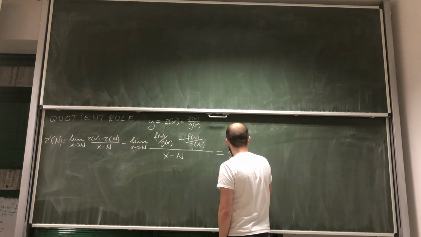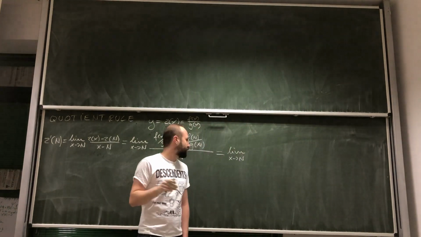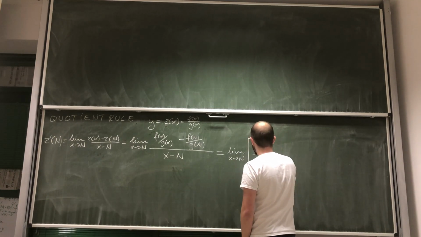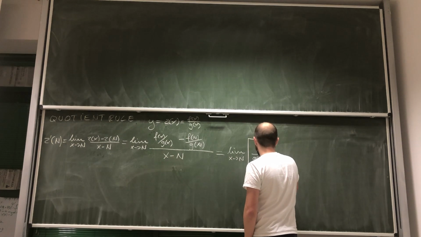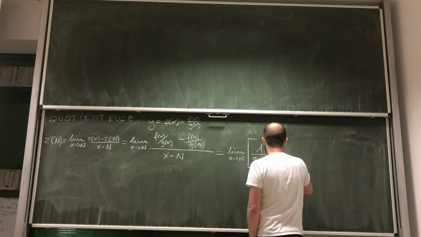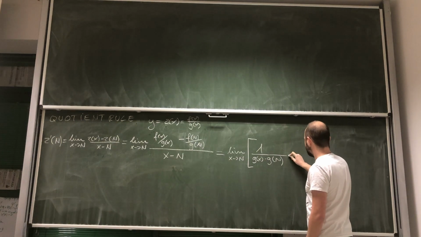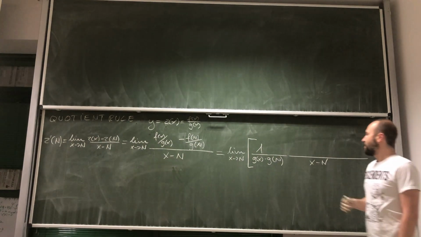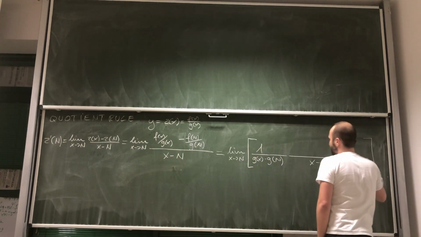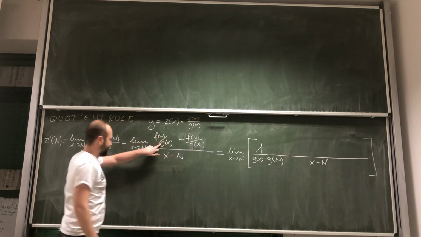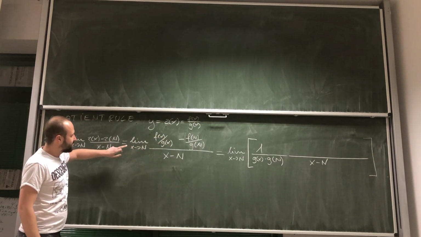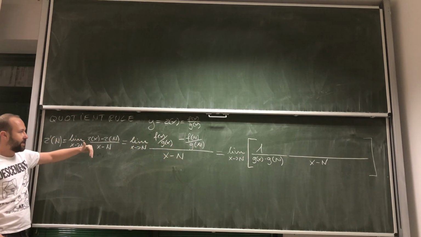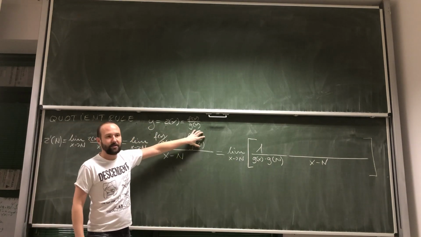And look, I'm going to do the following thing. I'm going to take out of this expression 1 over g of x multiplied by g of n. Because now I have taken g of x times g of n out of both expressions, I need to make a proper adjustment to both of those.